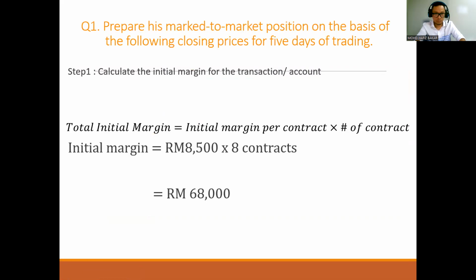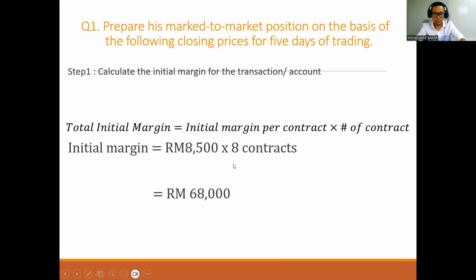Okay, next. How to prepare his mark-to-market position on the basis of the following closing prices for 5 days of trading. First, you need to calculate the initial margin of the transaction. Total initial margin is initial margin per contract times number of contracts. From the previous slide, sometimes they give you an initial margin percentage, but this one they give in amount. So you can calculate the initial margin based on the amount.